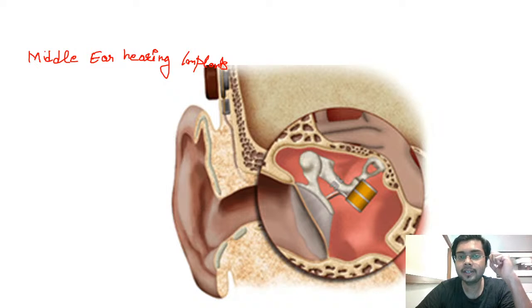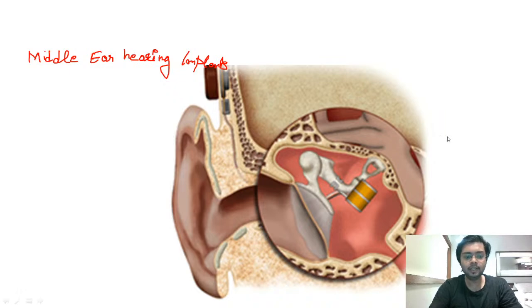Because it is intensifying the sound, but as it is implanted into the middle ear, it is called an implantable middle ear device. The name of this device, which was first approved, is called Vibrant Sound Bridge, right?